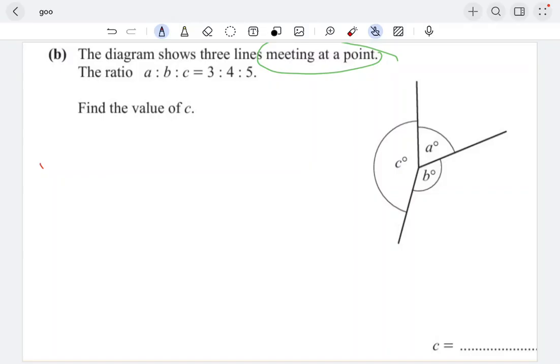So the fact, or the theorem, or the idea that we will use here is angles at a point add up to 360.